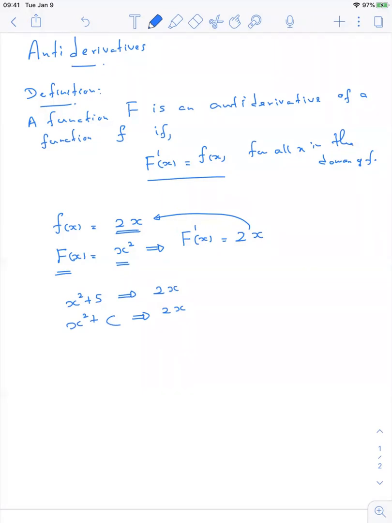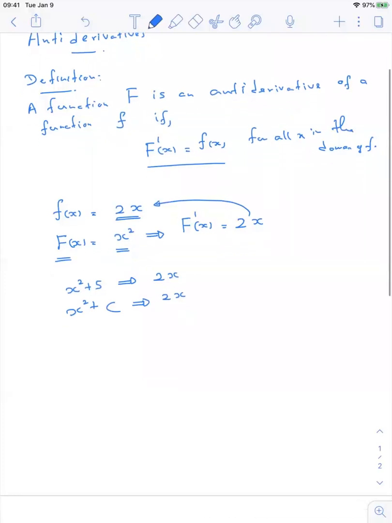So what that means is any function F(x) that is equal to x squared plus c, where c is a constant, any type of constant, is an antiderivative of the function f.